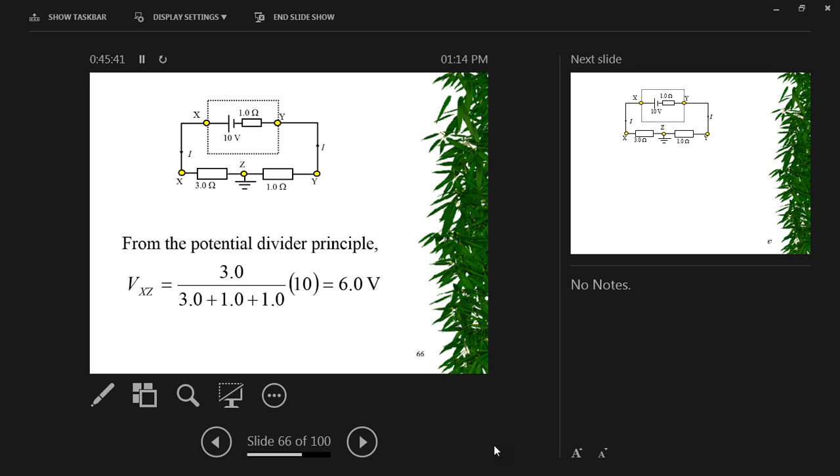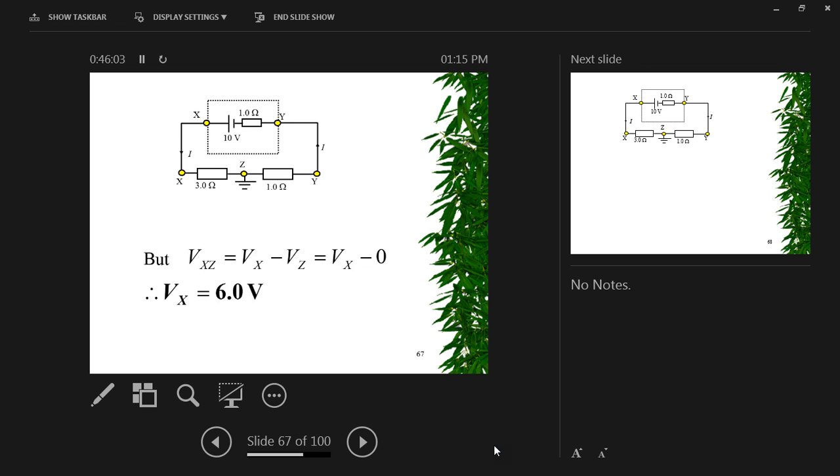Okay, so the total resistance is at the bottom, 3 plus 1 plus 1, and the resistance of xz is on top. So I'm able to get the potential difference of xz, but it still doesn't tell me the potential of x, because I don't know what it is, unless I know the potential of z.